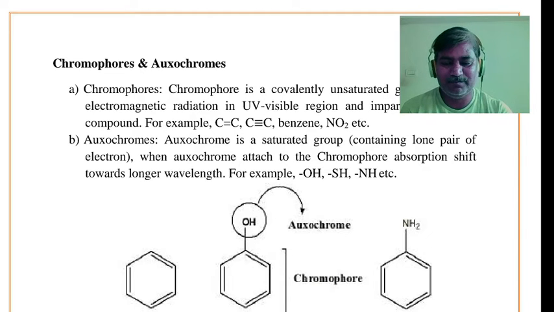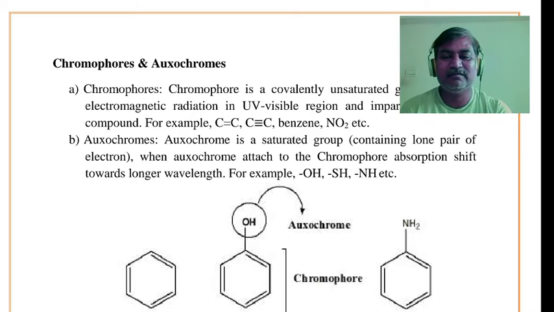For example, benzene is the chromophore. To this chromophore, whenever an OH group is attached, it becomes phenol. Phenol contains benzene as a chromophore and the OH group as the auxochrome. Whenever its lambda max wavelength is measured, it shifts towards higher wavelength.